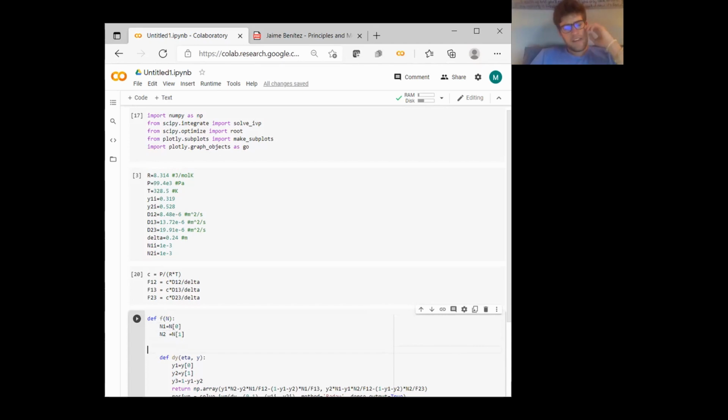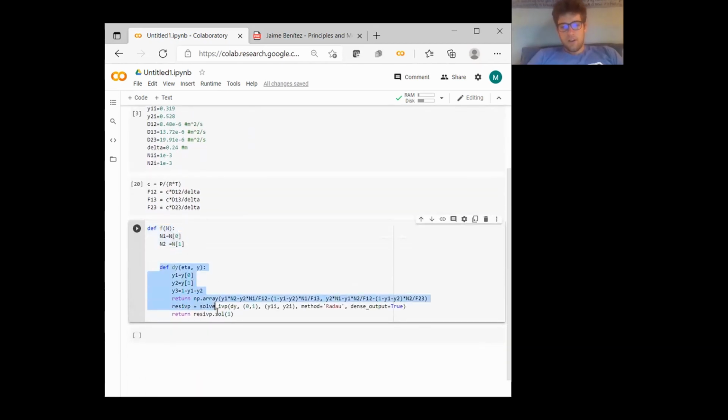And knowing this, we can now try to find our molar fluxes by defining this all in the nested loop.